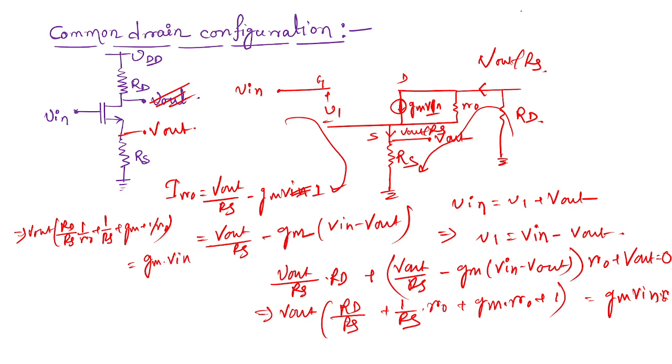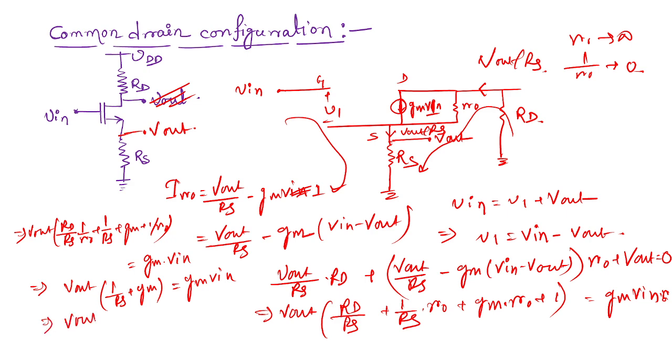As R naught tends to infinity, 1 by R naught tends to 0. Okay, so our equation becomes V out into 1 by RS plus GM is equal to GM V in. So V out by V in becomes GM RS by 1 plus GM RS.